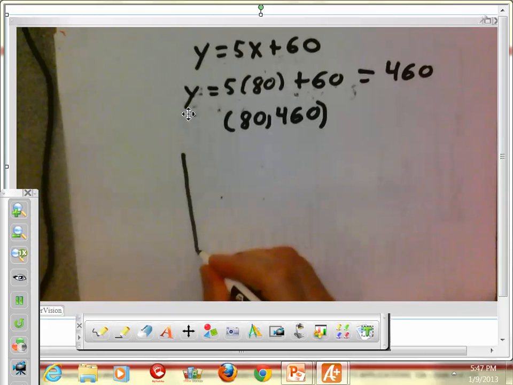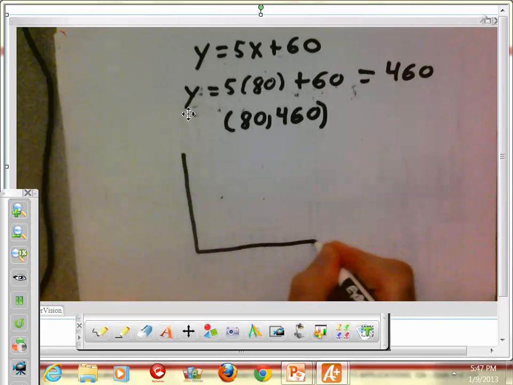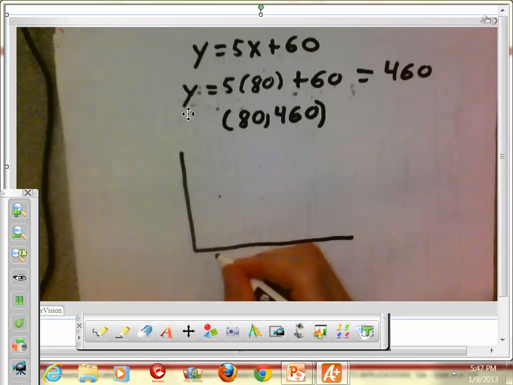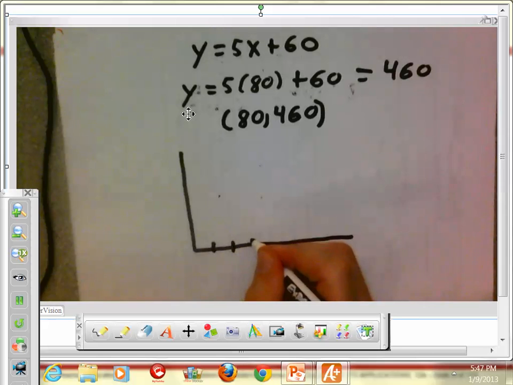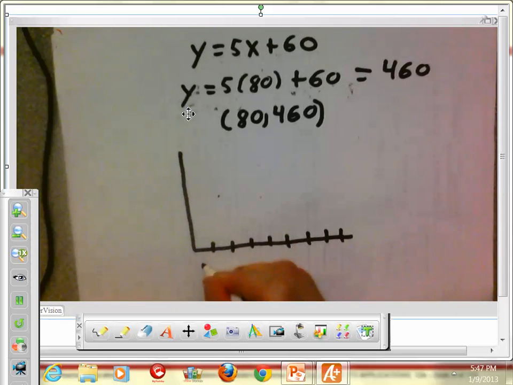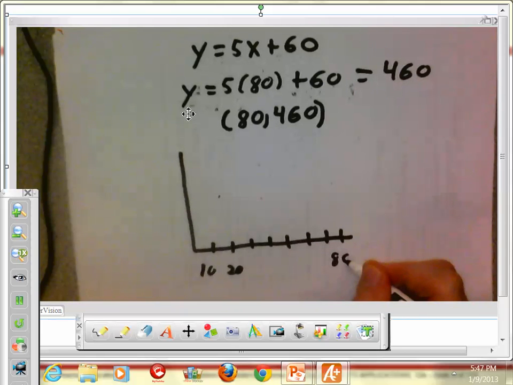Okay, so right here, we have this line, and we have a point at 80 and 460, so I'm going to go 1, 2, 3, 4, 5, 6, 7, 8. I'm going to go by 10, so it's going to be 10, 20, all the way up to 80.